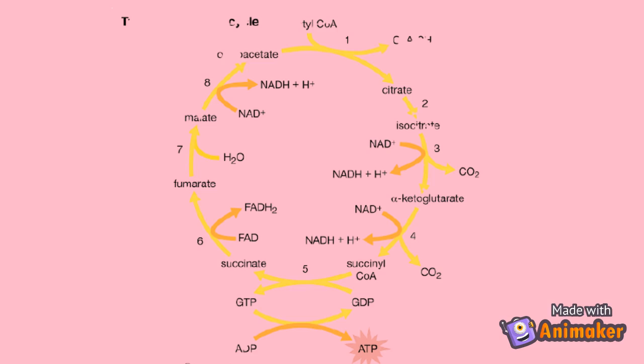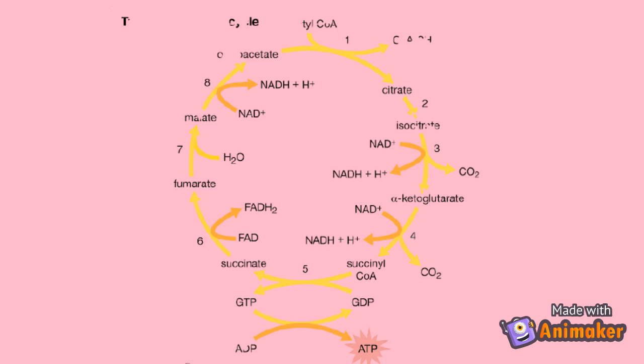Next, the isocitrate is oxidized into alpha-ketoglutarate by the enzyme isocitrate dehydrogenase. In this reaction, a molecule of NAD is reduced to NADH, and a molecule of carbon dioxide is generated by decarboxylation.